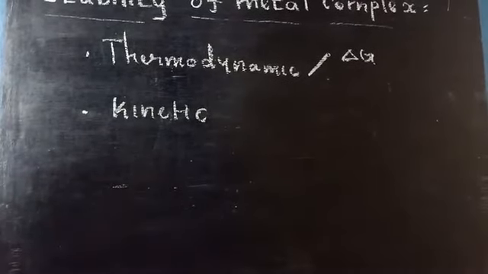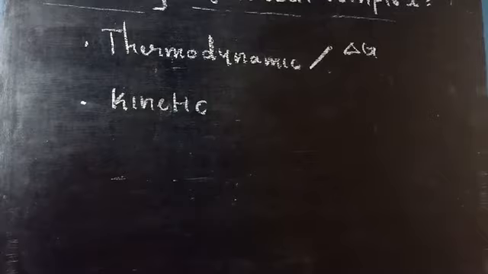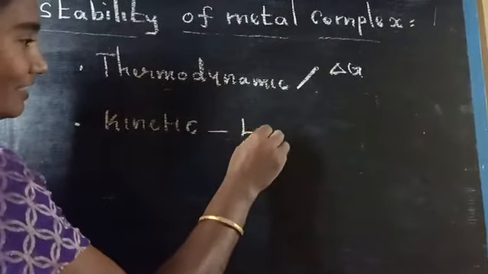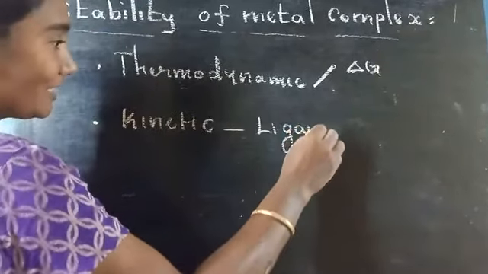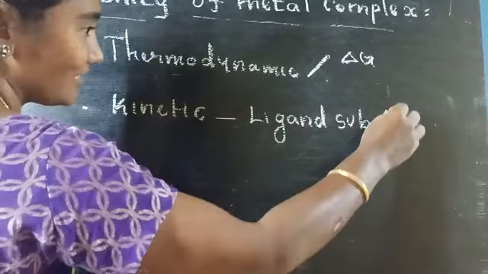If the substitution of ligand is a fast, very rapid process, the complex is called a labile complex.